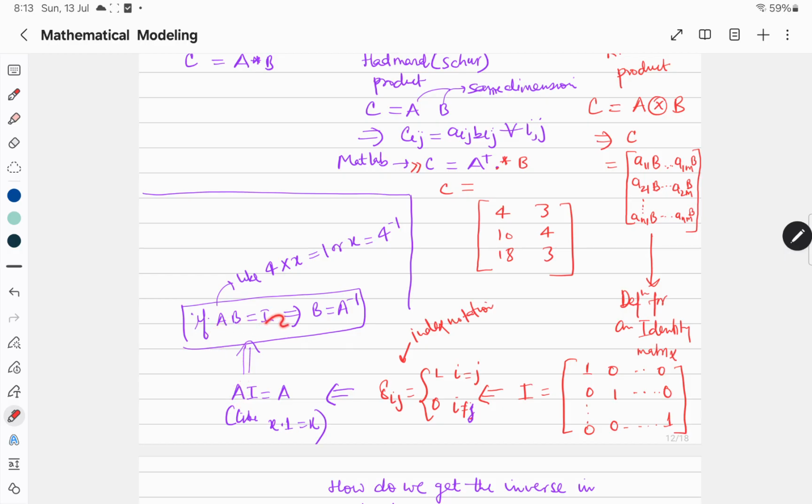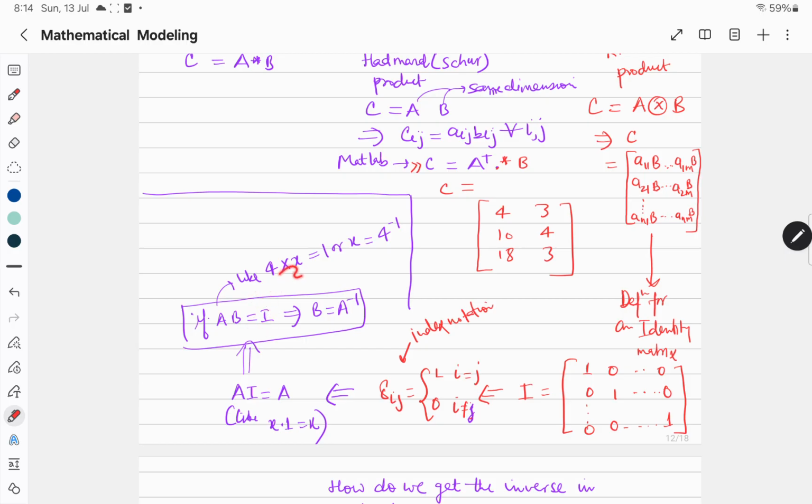Now if AB is equal to I, then B is equal to A inverse. Suppose you want to get the inverse of matrix A. The inverse is defined as follows: you have to find a matrix that, when multiplied with A, will give you the identity matrix.